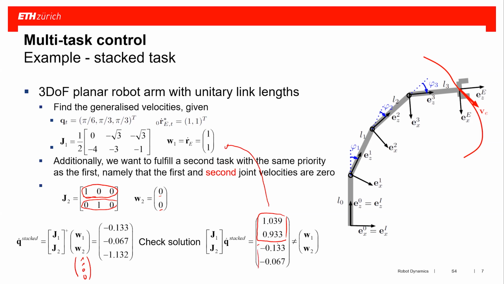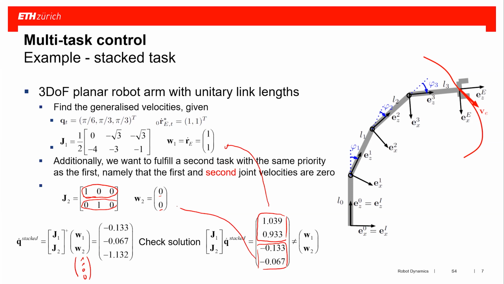And on the bottom, we have something which is close to 0, 0, but not quite 0, 0. So what the optimization is doing is it figures out the Q dot which minimizes these errors, which brings the solution as close as possible to W1 and W2.